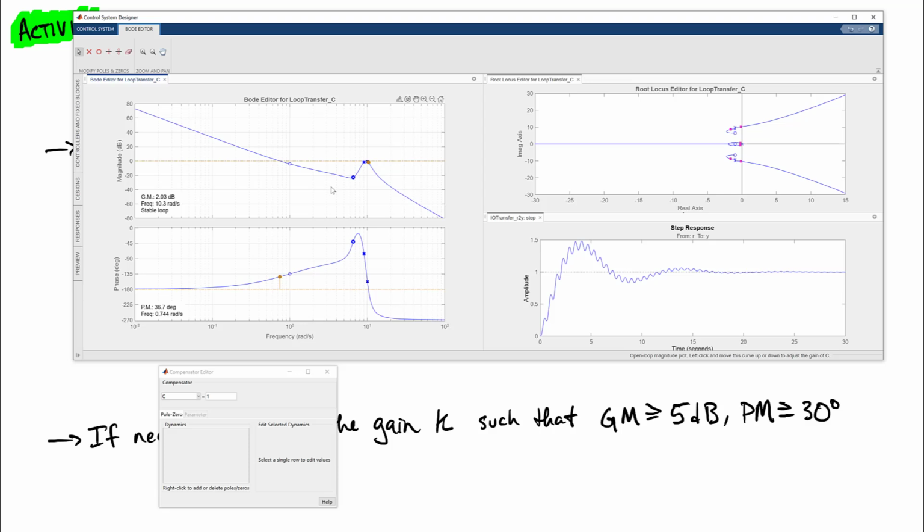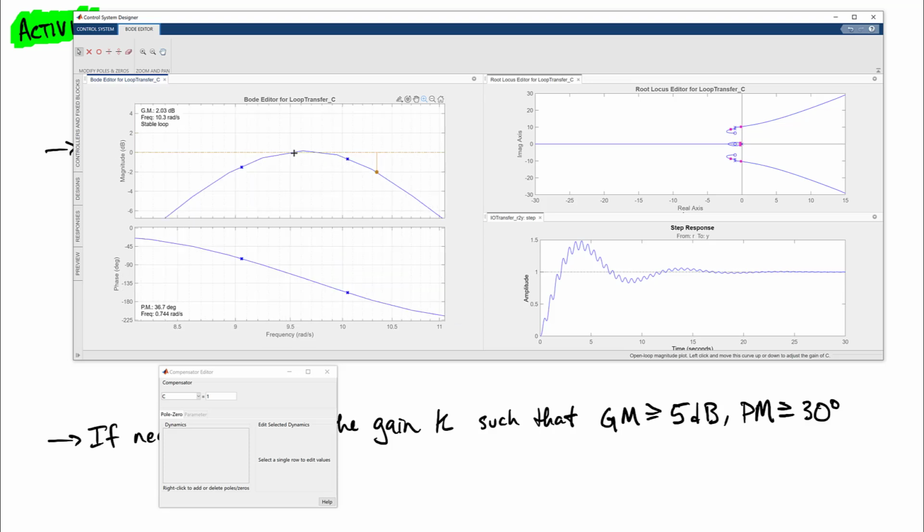We can notice though in this example, if we zoom in right here in this spot, we can see that we actually have 2 more 0 dB crossings right here and right here. And so that's happening at about 9.5, 9.6, and again here at maybe 9.7 or so.